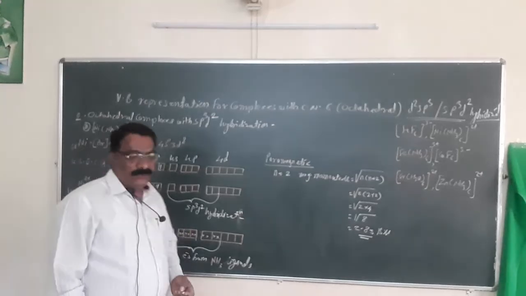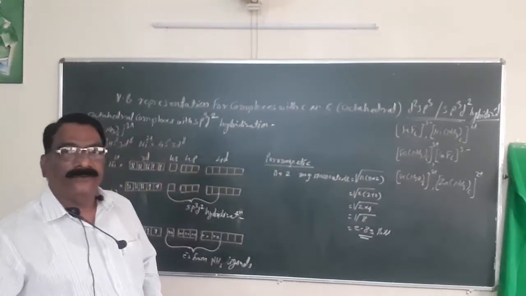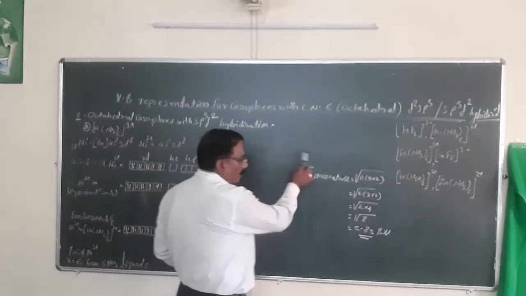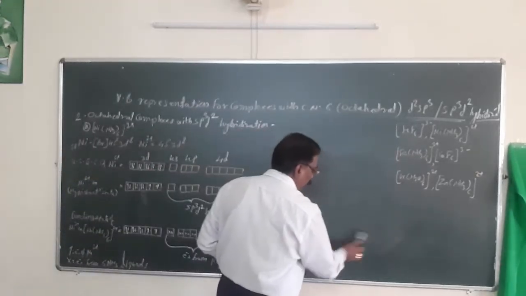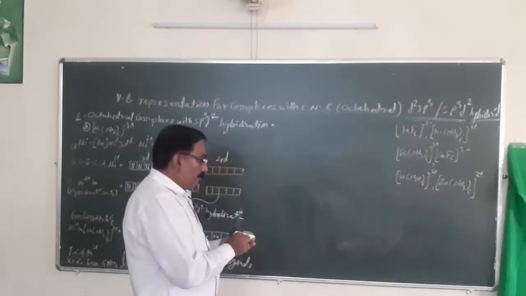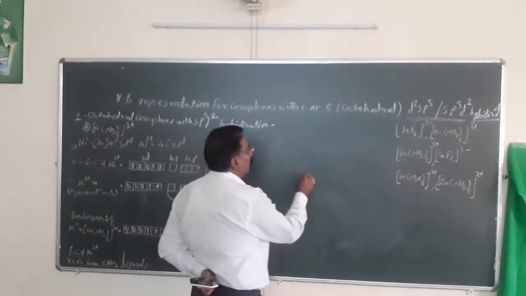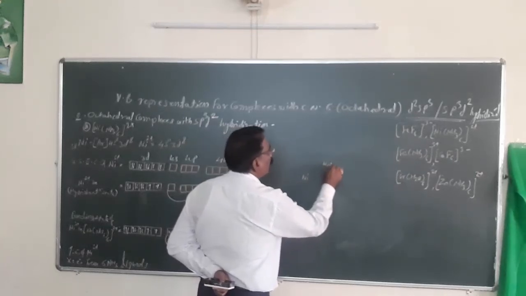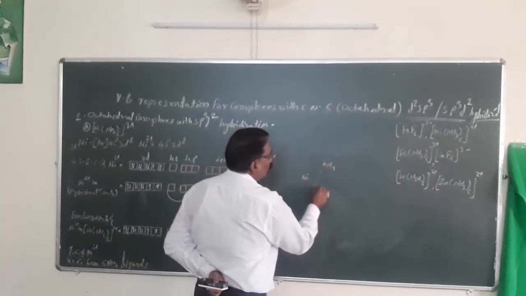After this, we are going to see its geometry. When we consider octahedral geometry, the metal atom is at the center and 4 ligands are at the 4 corners.